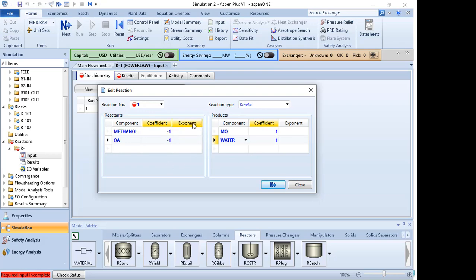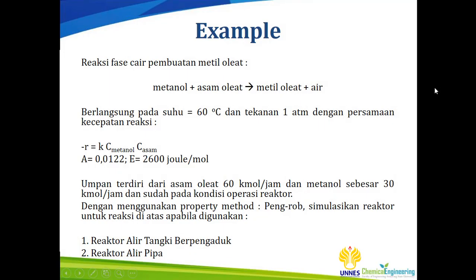And how about the exponent? The exponent depends on the kinetic rate reaction. Here, the power of the concentration of methanol is 1.